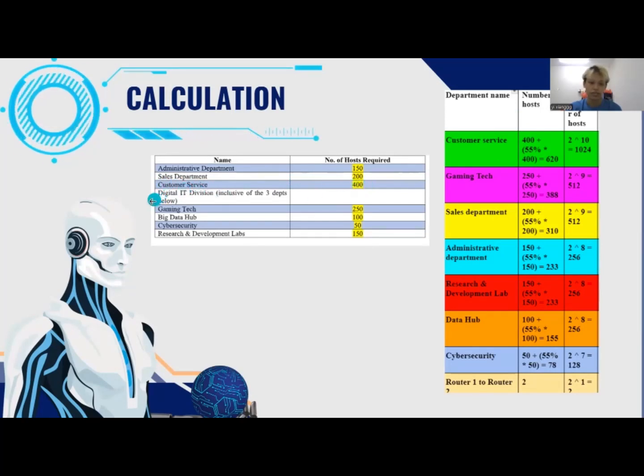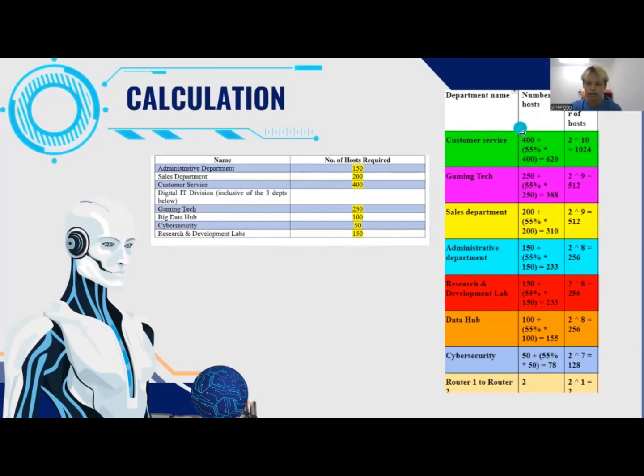In location B, the digital IT division, gaming tech needs 250 hosts, big data hub 100, and cybersecurity 50. And location C is the research and development lab, which needs 150 hosts. So we can use the hosts required to do the calculation.